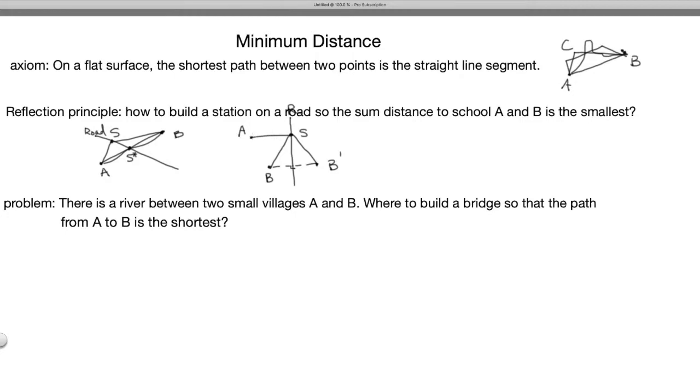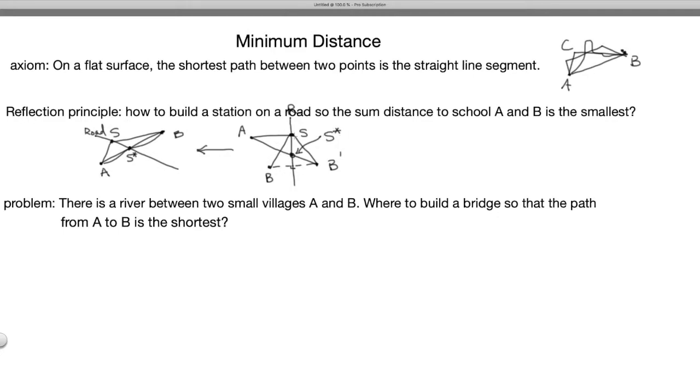So now the problem changes into: find S such that AS plus SB prime is the smallest. Or a different way to put it: find a station on the road such that the sum of AS plus SB prime is the smallest. But that's exactly the same as the first problem, when the two schools are on different sides of the road. So the station we're going to build is found by connecting A to B prime. The crossing point will be our best station point, S star.